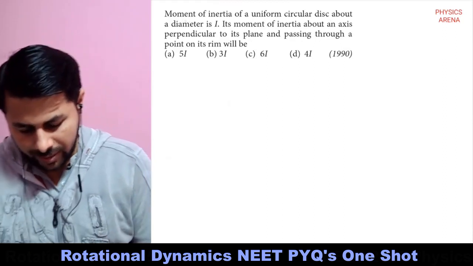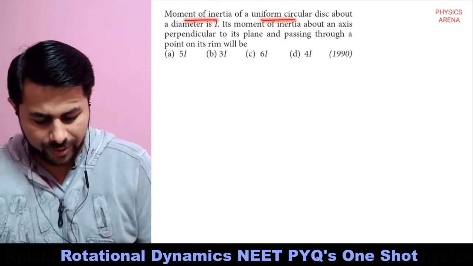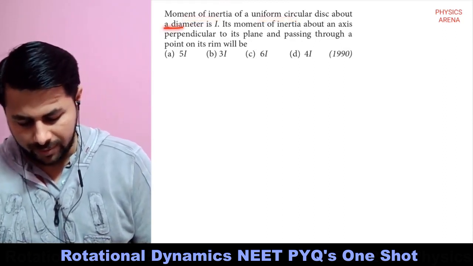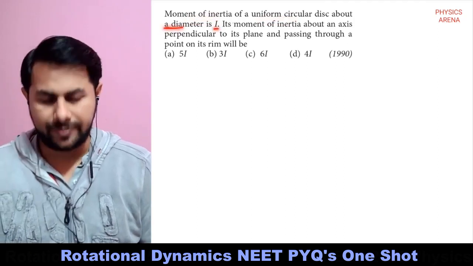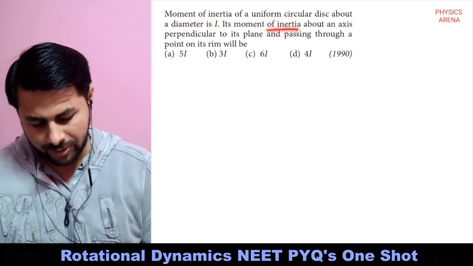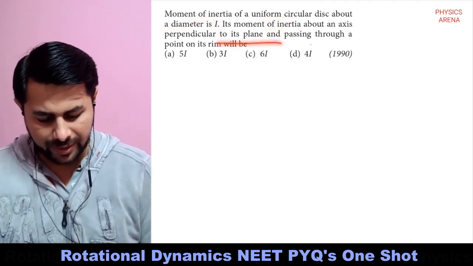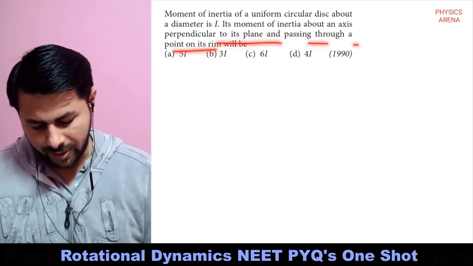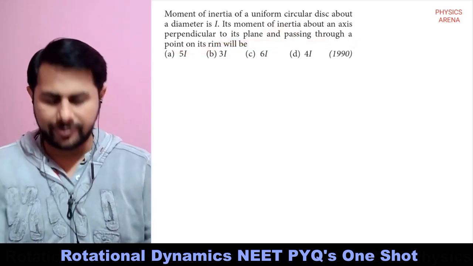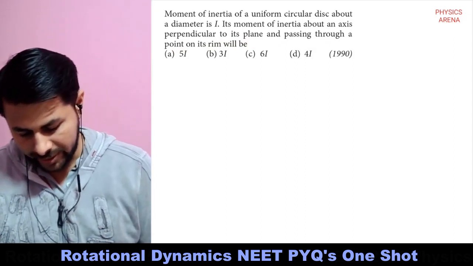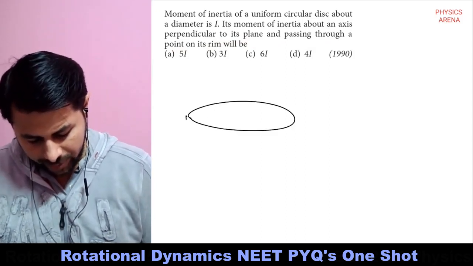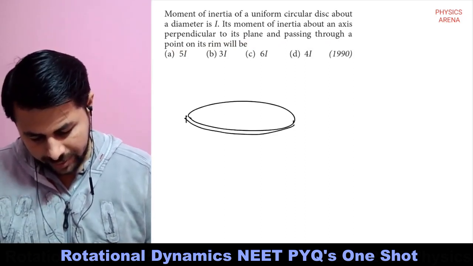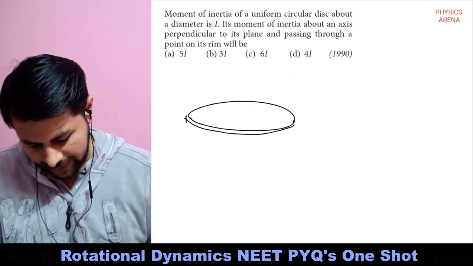Alright, next one. Moment of inertia of a uniform circular disk about a diameter is I. Moment of inertia about an axis perpendicular to its plane and passing through a point on its rim will be. So again we have disk, its moment of inertia about which axis is given?